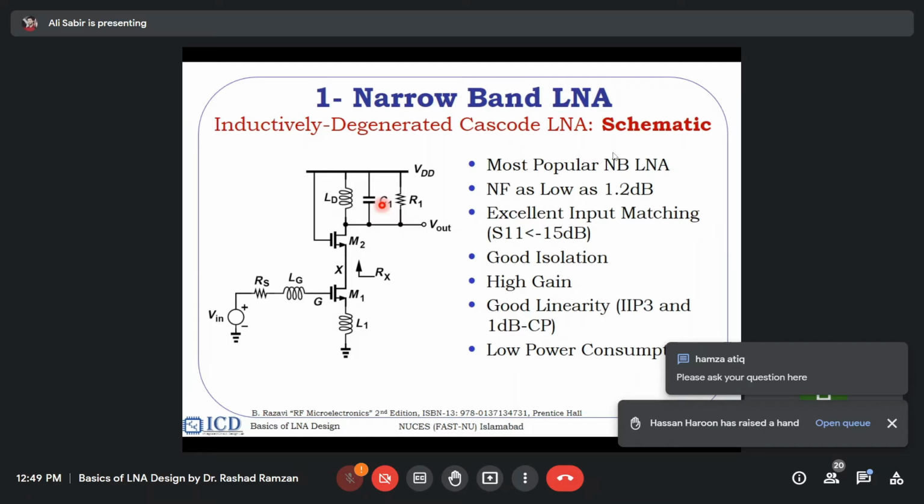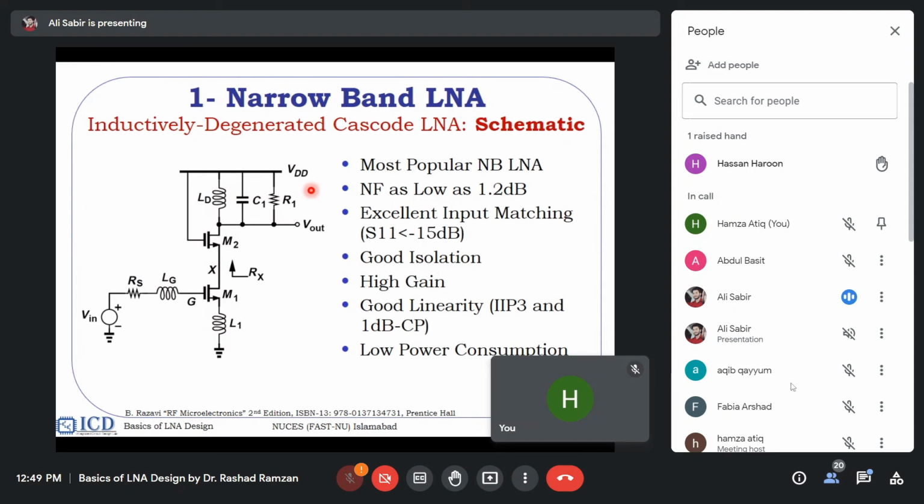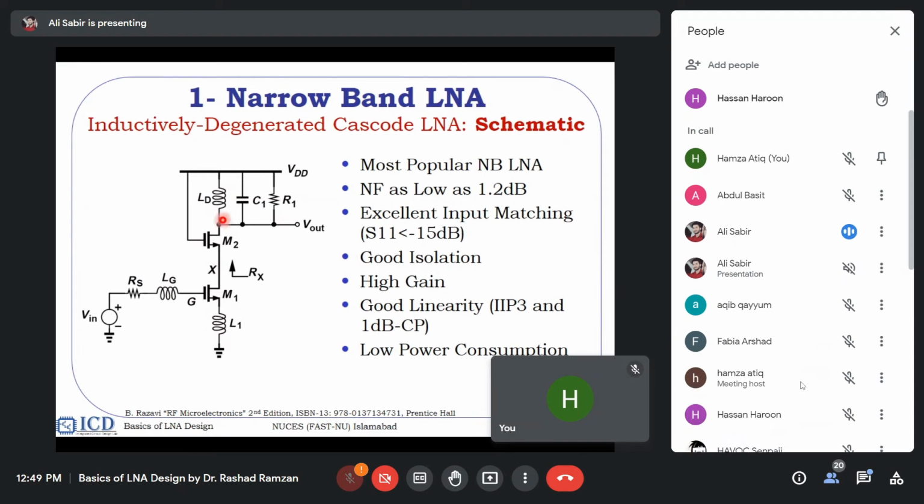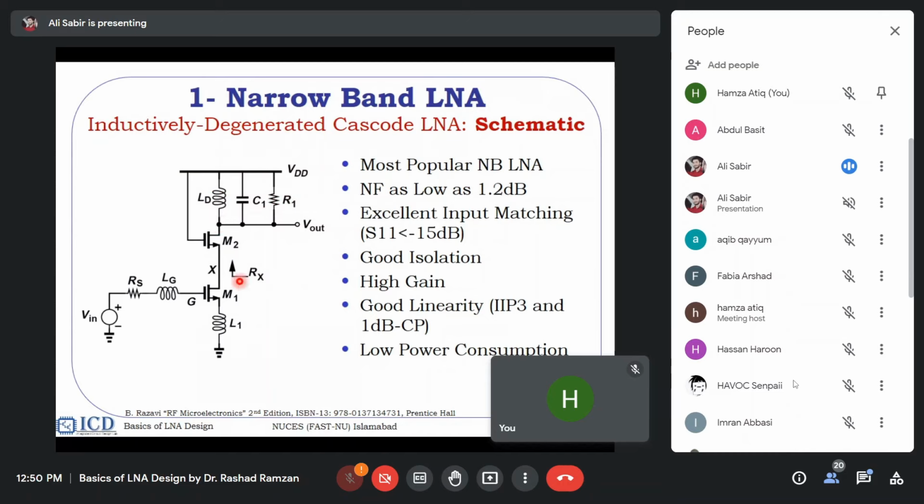Secondly, if all the current passes through the resistor, the drop will be higher, and at 1.1 volt, the voltage headroom problem will be there. Now the DC current is coming through the inductor and the resistor is not contributing much to the current. So the drop across the resistor will be smaller, and then we will have higher gain, and that gain will actually be the reactance of this multiplied by the gm.